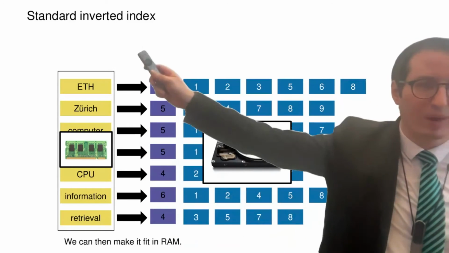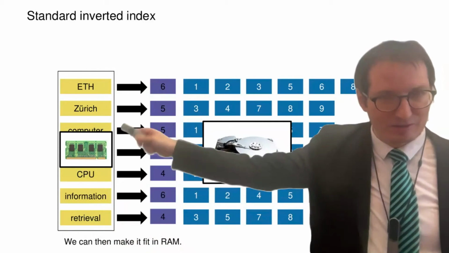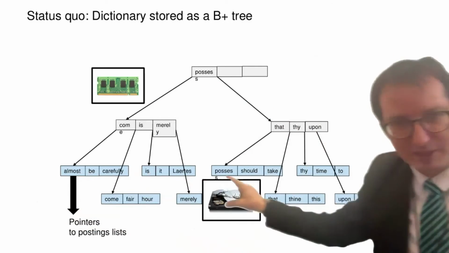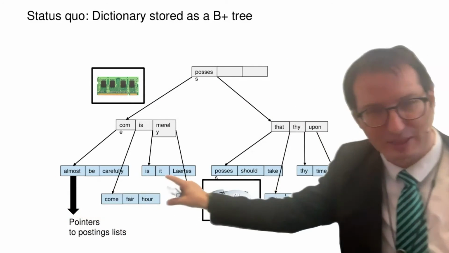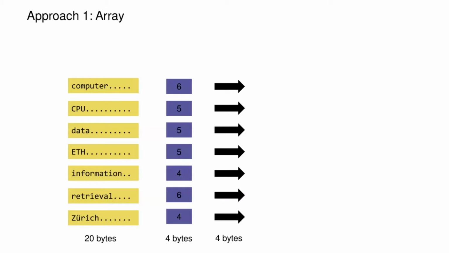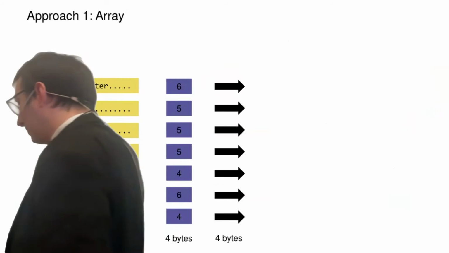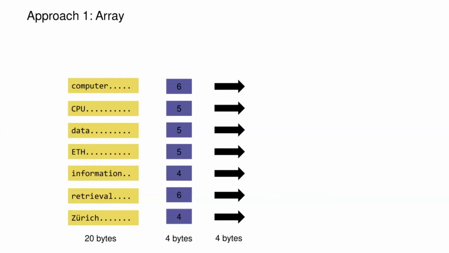So we would like to ideally make all of that fit in the RAM. And I mean mostly this part right here that I'd like to compress. So now, if we look at a fixed length, let's say, for the terms, because we need to store the terms somewhere, right? So these are strings.